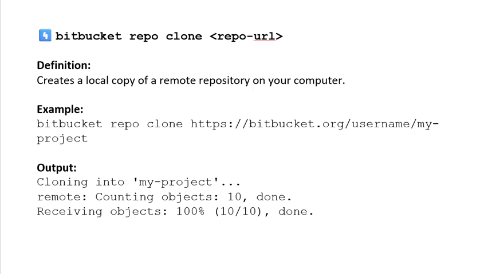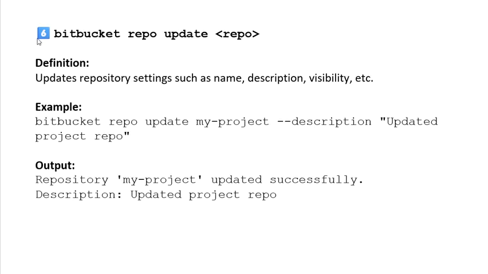The output is forking the repository original project, the repository is forked successfully, and the new URL is https://bitbucket.org/username/original-project, the new repository name, using this command.